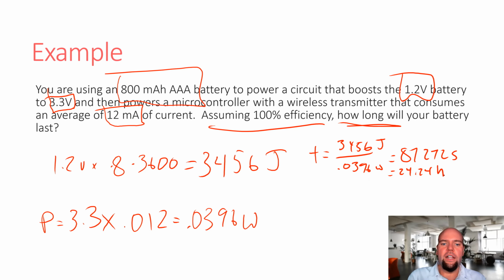Remember that it's 24.2, about 24 hours. Let's do this another way. Let's do this the current way. And doing this the current way is also going to let us talk a little more about boost regulators. Maybe I should have used a second slide here.